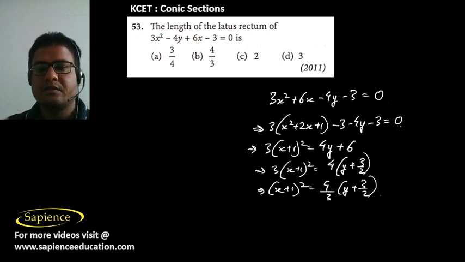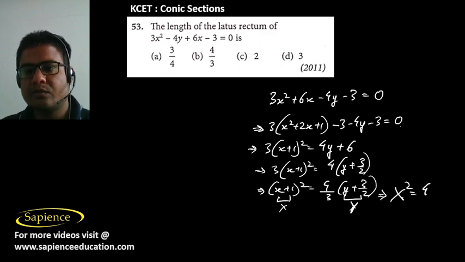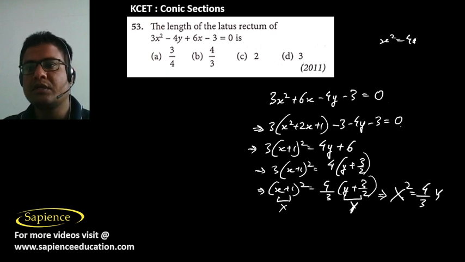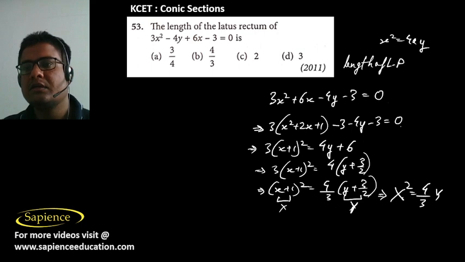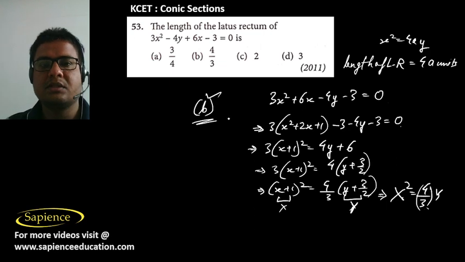So if I take this as some capital X, this is capital Y, then the equation of this parabola is of the form X square equal to 4 by 3 Y. So we know that x square equal to 4ay if I have, then the length of the latus rectum, length of the LR, that is given as 4a units. So here 4a is 4 by 3. So the answer is 4 by 3 units is the length of the latus rectum. So option B is the correct answer.